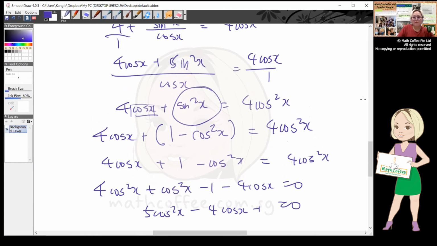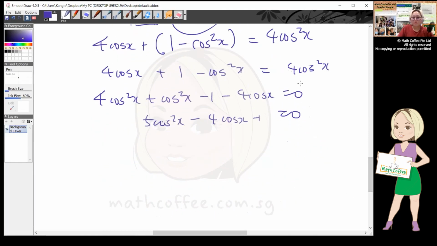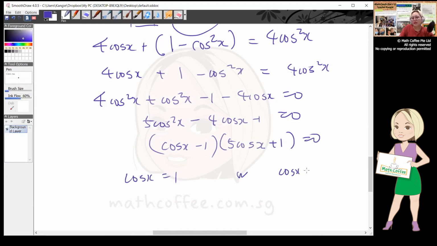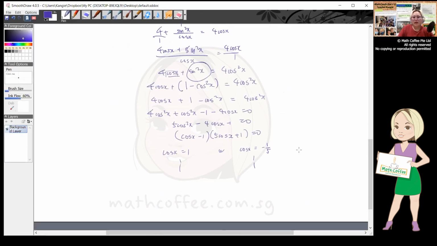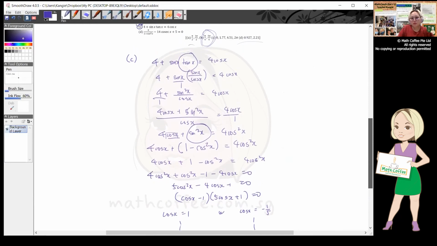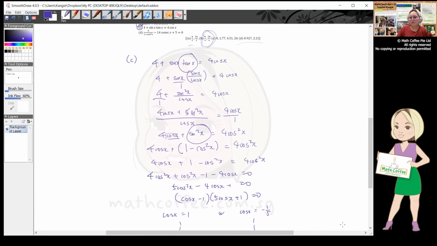So I have cosine x minus 1, and 5 cosine x plus 1 equals 0. So cosine x equals 1 or cosine x equals minus 1 over 5. And we are done. This is for question 14C.